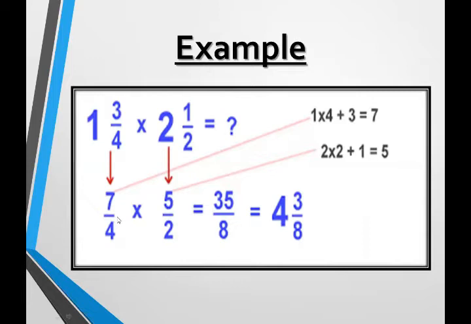Simply what we have to do is multiply numerator with numerator and denominator with denominator. So 7 multiplied by 5 becomes 35 and 4 multiplied by 2 becomes 8. What I told you in the previous class is that if cancellation is possible, we will simplify it more.